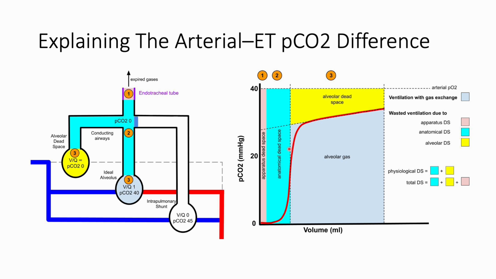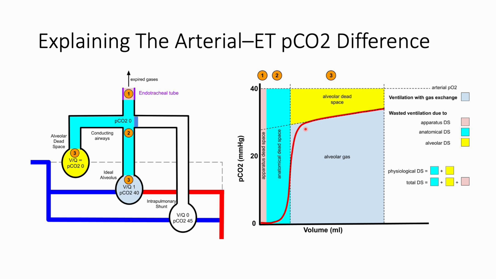The first reason relates to the spatial arrangement of alveoli. For the alveoli that are located close to the hilum, the gas will reach the mouth earlier than the alveolar gas that's coming from the more peripheral alveoli. And so that's the first reason that contributes to this appearance.